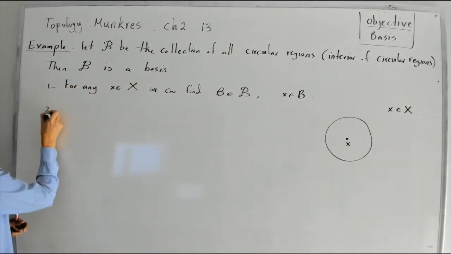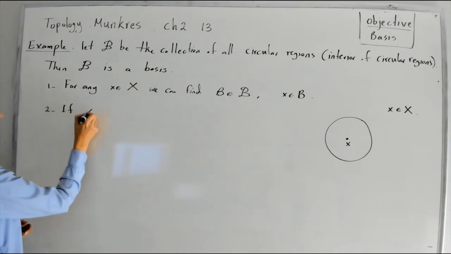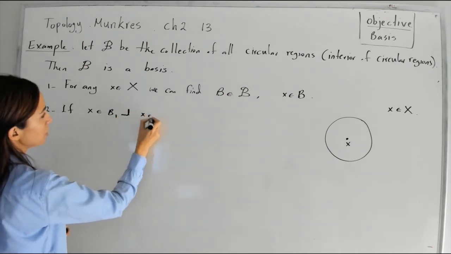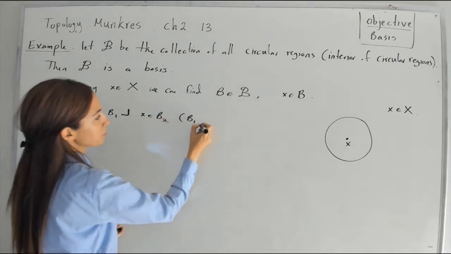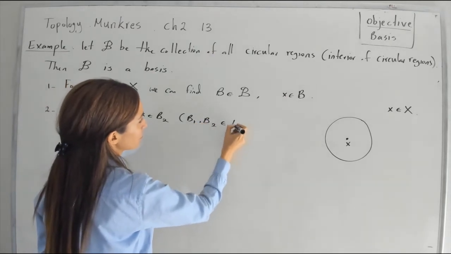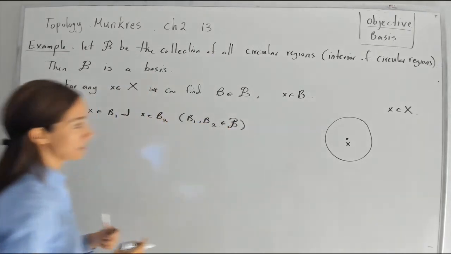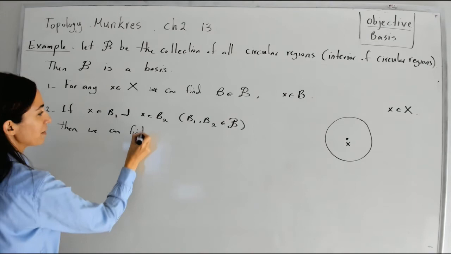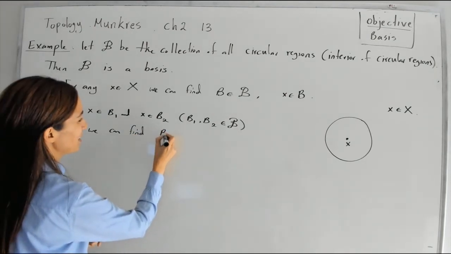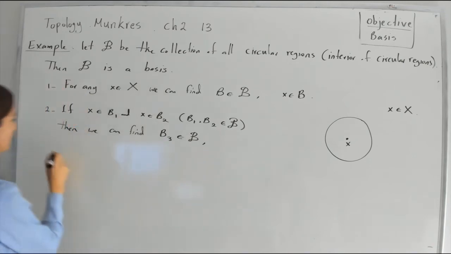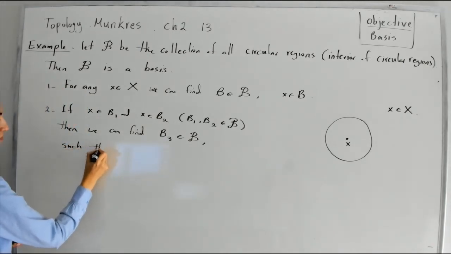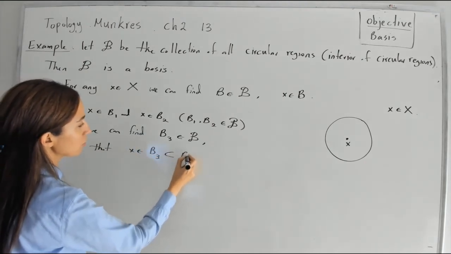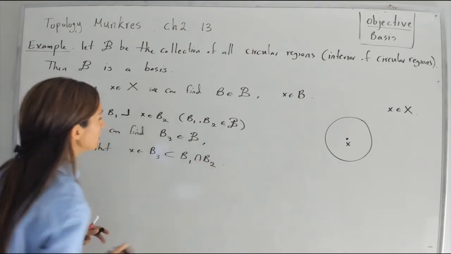For the second condition, if X belongs to B1 and B2, both of them basis elements, then we can find the third basis element like B sub 3 in the basis such that X belongs to B3 and it's included in the intersection of B1 and B2.